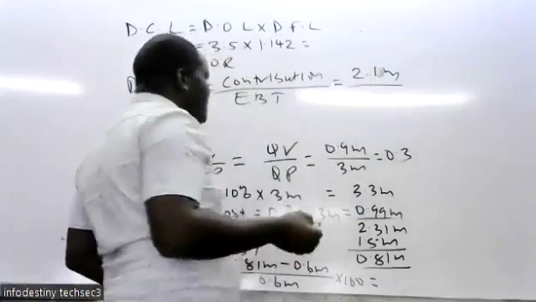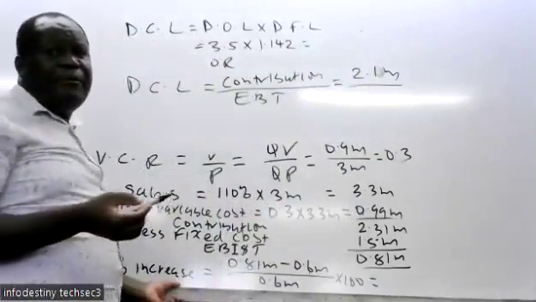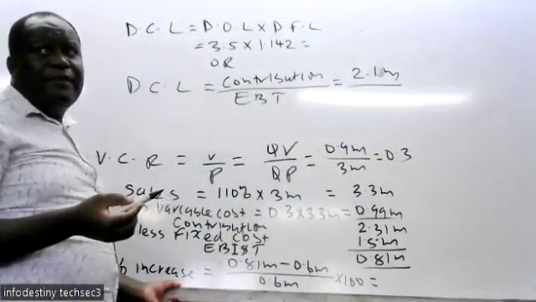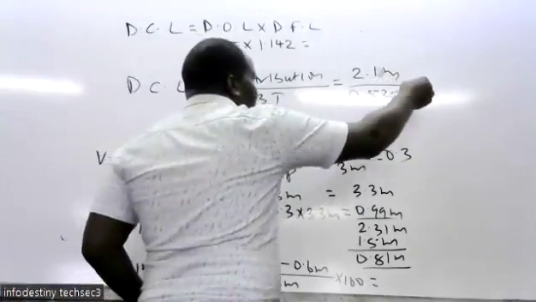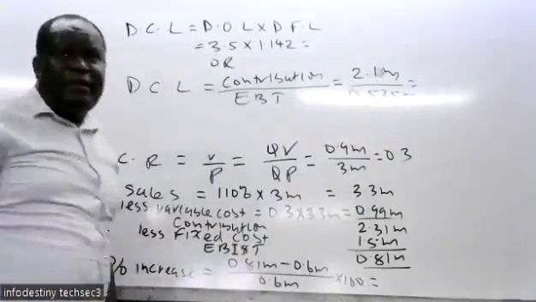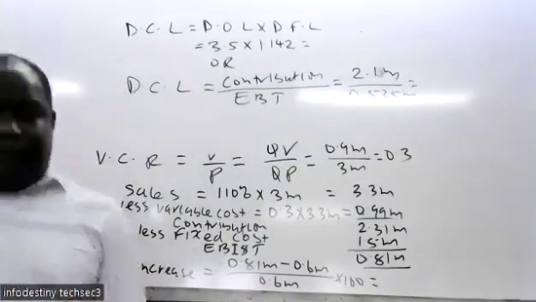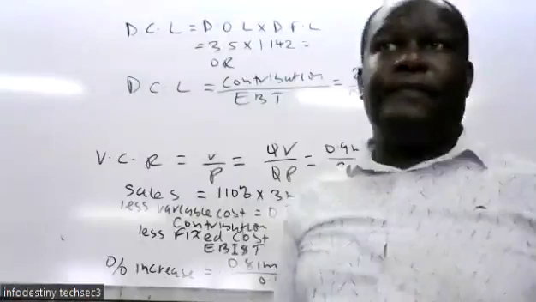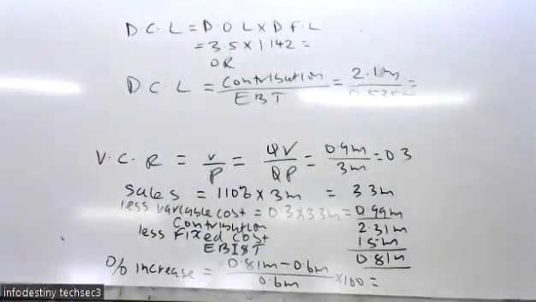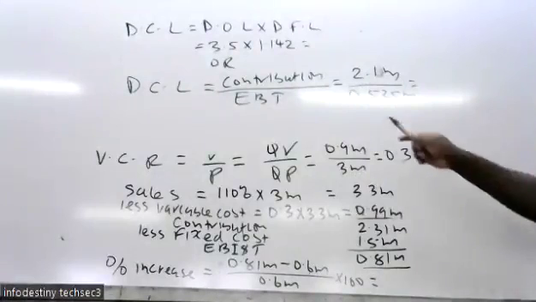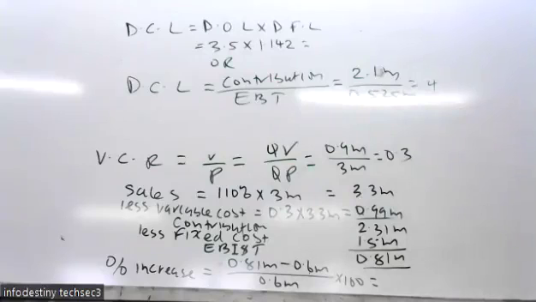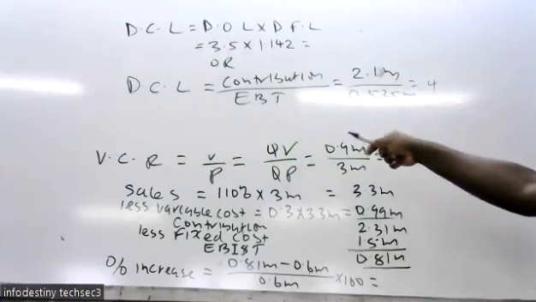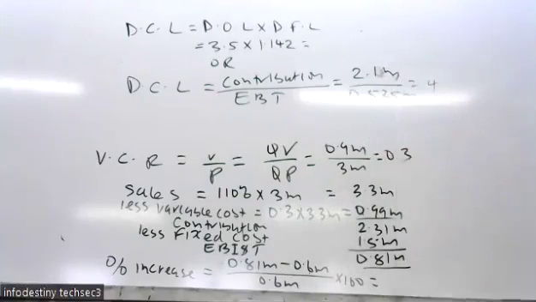We divide by earnings before tax, the same as profit before tax, which is 0.525. Confirm that it gives the same figure. This is another formula for calculating the degree of combined leverage, from the income statement perspective.